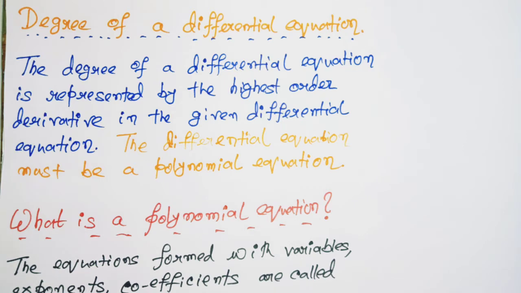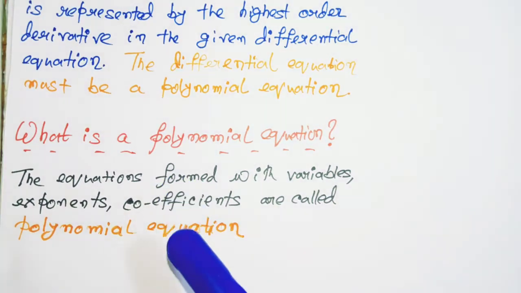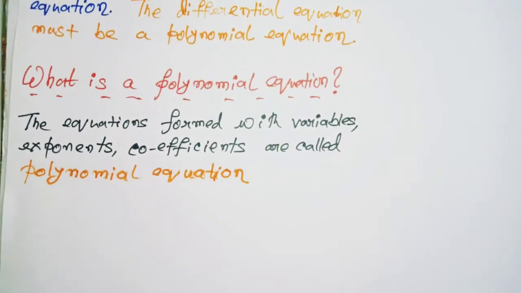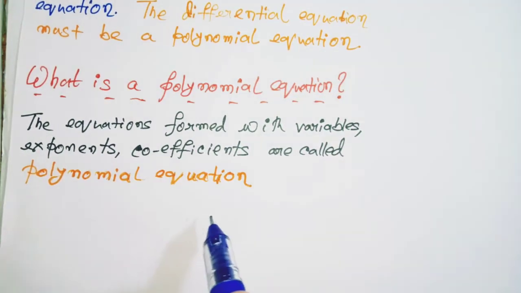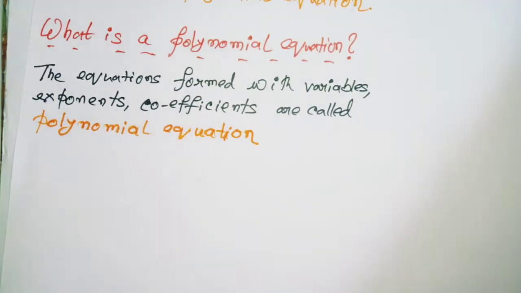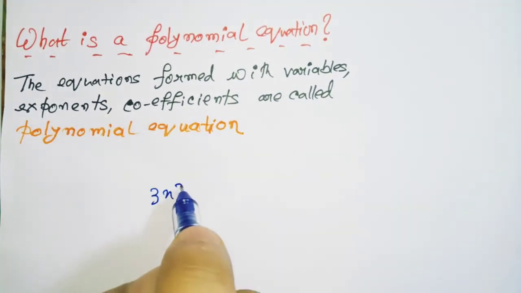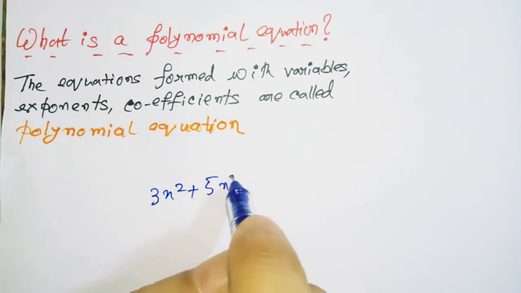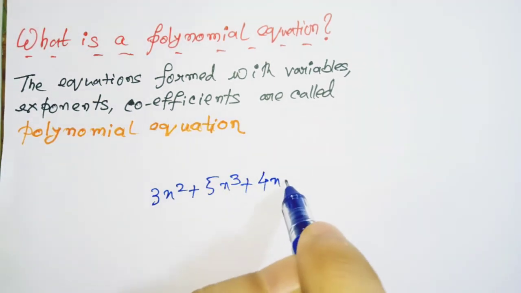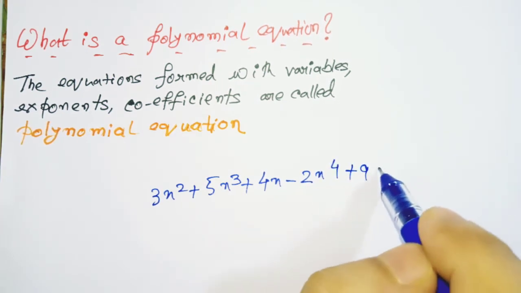For those who are not quite aware of what a polynomial equation is, here is my definition. The equations formed with variables, components, exponents, coefficients are called polynomial equations. So if I want to write a polynomial equation, I can write 3x² plus 5x³ plus 4x minus 2x⁴ plus 9 equals 0.